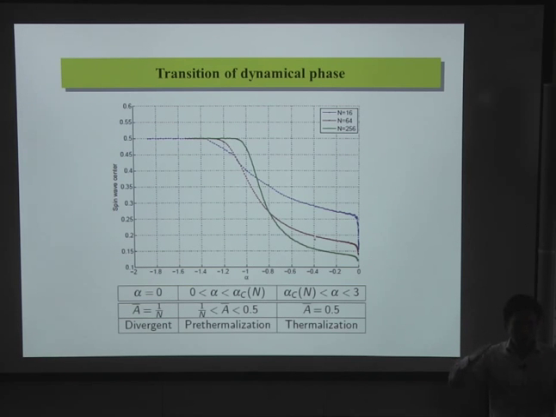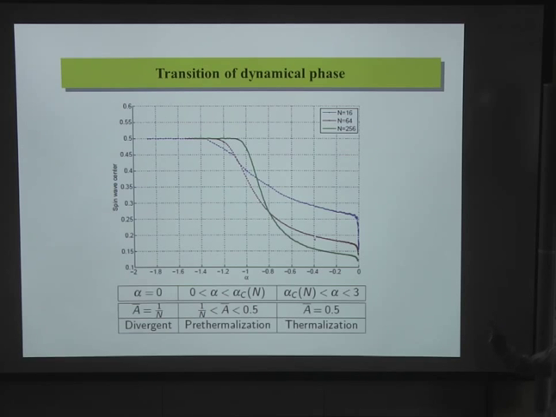There's one energy scale which is a normal energy scale. It's pretty big, and that will lead to the pre-thermalization behavior. And there's a very tiny energy scale, and that corresponds to the time scale for the eventual thermalization.